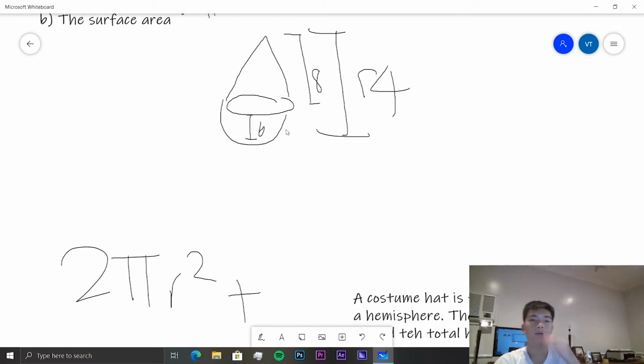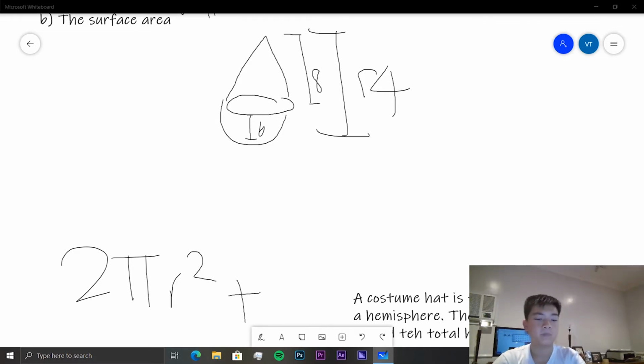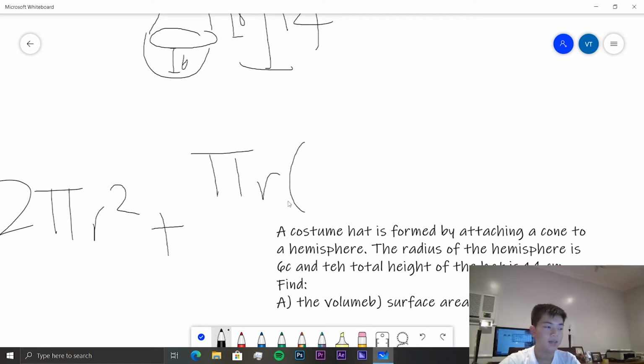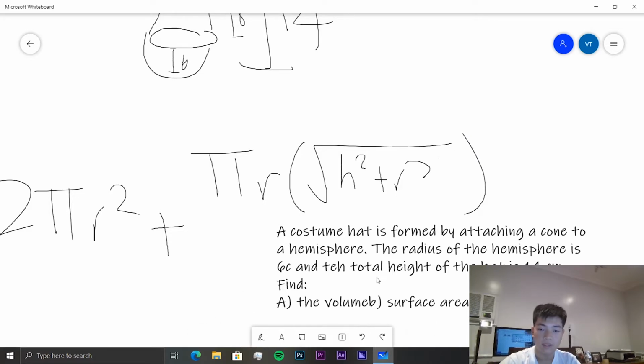This is a circle over 2. This is pi r times the slant height, so we need to calculate the slant height. This would be pi times r times the slant height, which is the square root of h squared plus r squared.